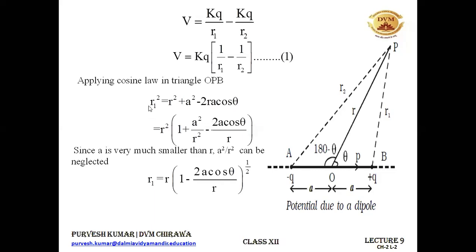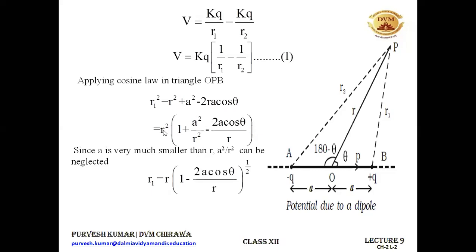And then we have taken the square root both sides. So when we have taken the square root, R1 square root becomes R1 only, and the square root of R square becomes R only, and we have put a power of half on the remaining expression inside the bracket. I'm telling you again, this A square upon R square is neglected because it is very small, and then we have taken the square root of this complete expression because we want R1.